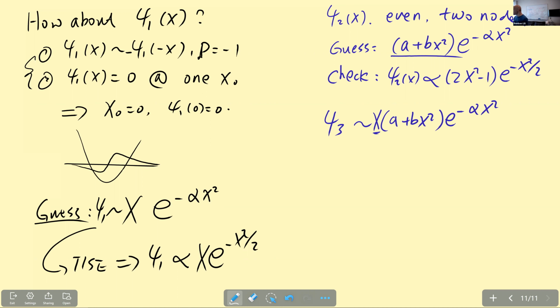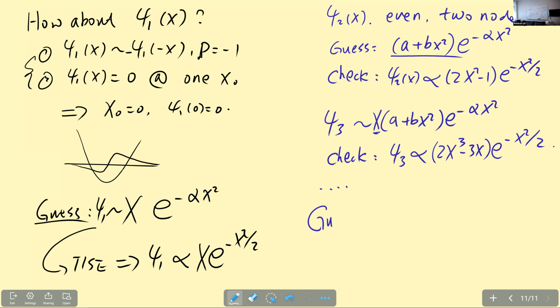Again, like this one. And check. The result is okay. So you can continue this process, and the bigger guess is like this one.